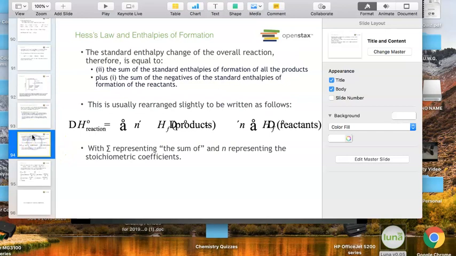Here we're going to look at an equation that I'm going to write out because it's jumbled around here, in order to determine the enthalpy of formation using Hess's law. We'll jump over to Luna for that.